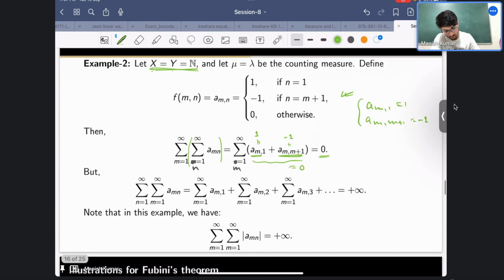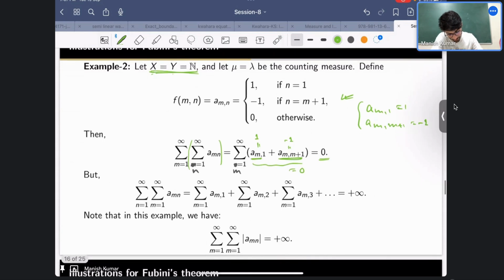Now in a similar way, let's look at the other way around. Now you sum over m first and then over n.